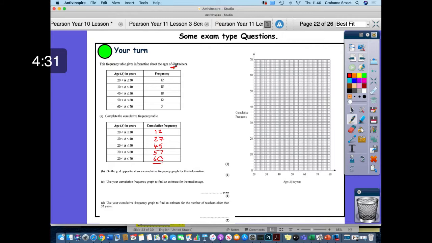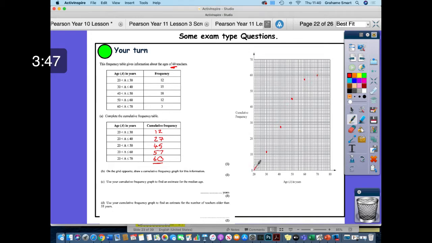I'm going to look at the upper boundary, which is 30 and 12. 40 and 27. 50 and 45. 60, 57. 70, 60.